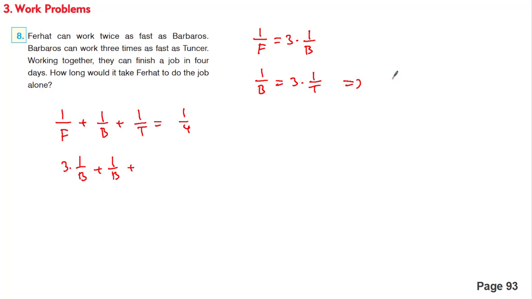So just divide by 3, you get 1/3b is 1/t. So now substitute t as 3b here, it's 1/4. Right, the least common multiple is 3b, obviously, because we have b, b, and 3b.